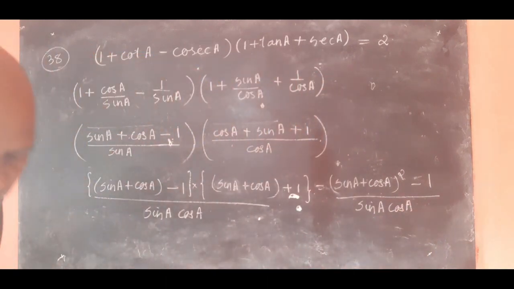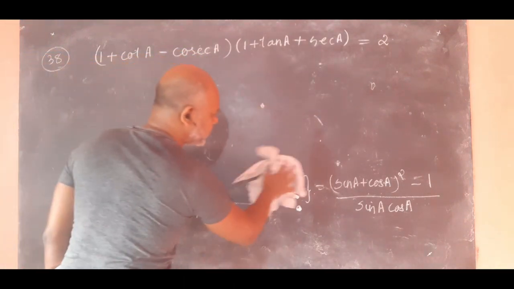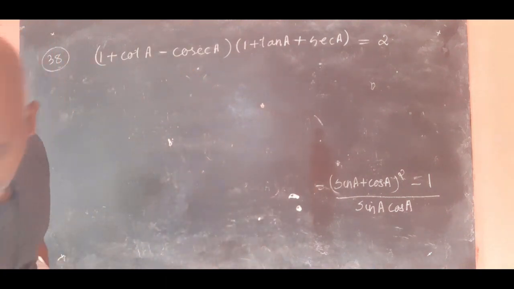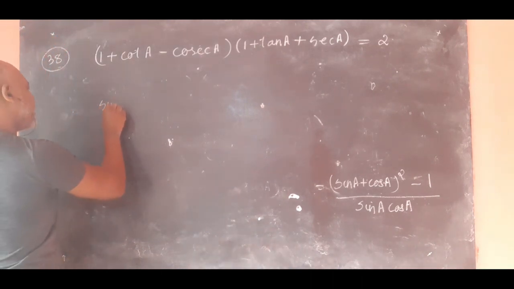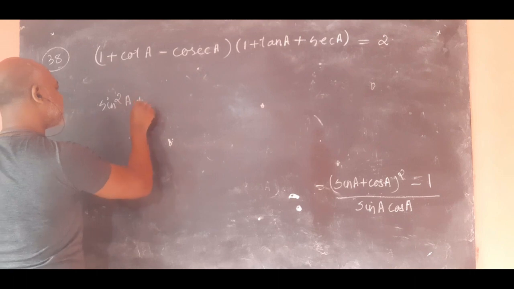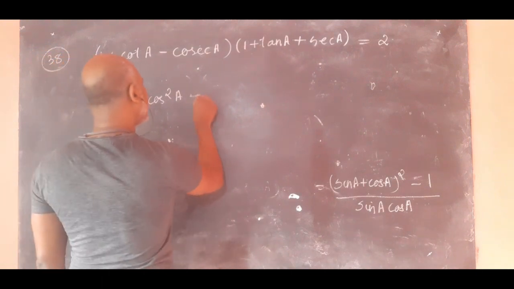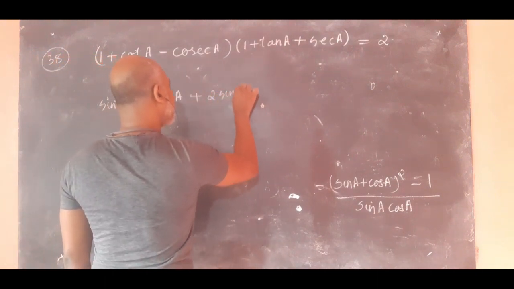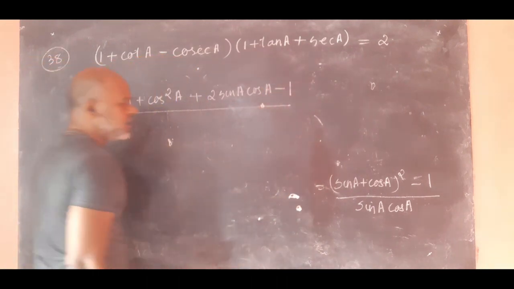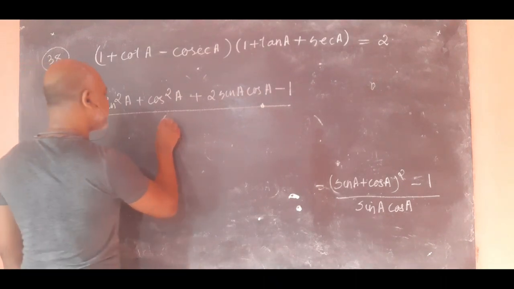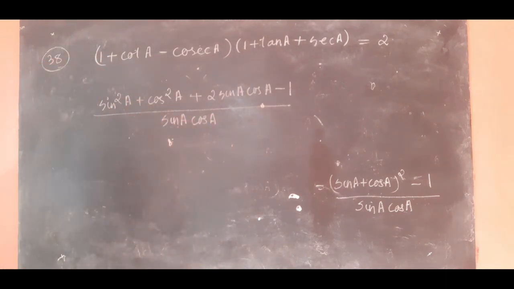So we will try to solve it here. Sin A plus cos A whole square, we can expand it. We can write it as sin square A plus cos square A plus 2 sin A cos A minus 1 divided by sin A cos A. We know sin square A plus cos square A is equal to 1.